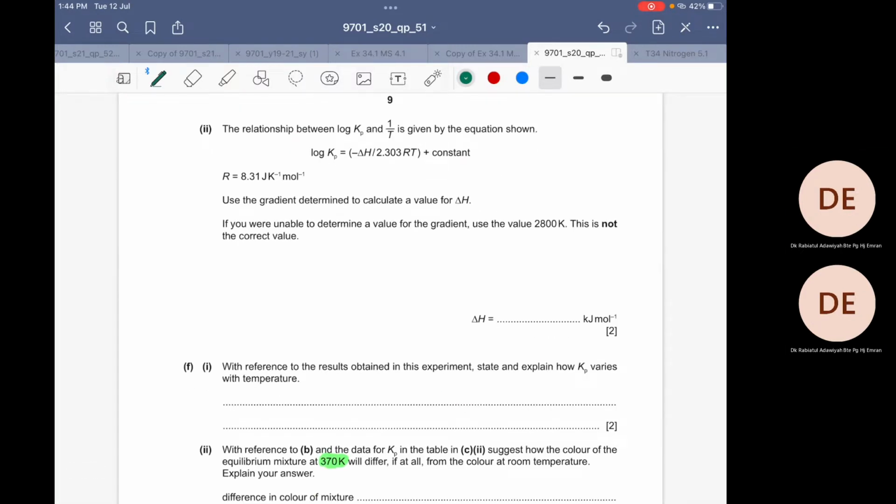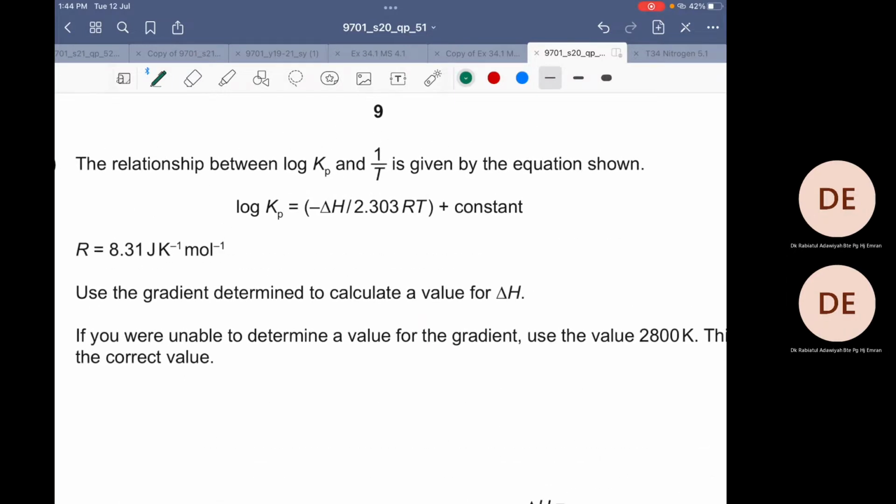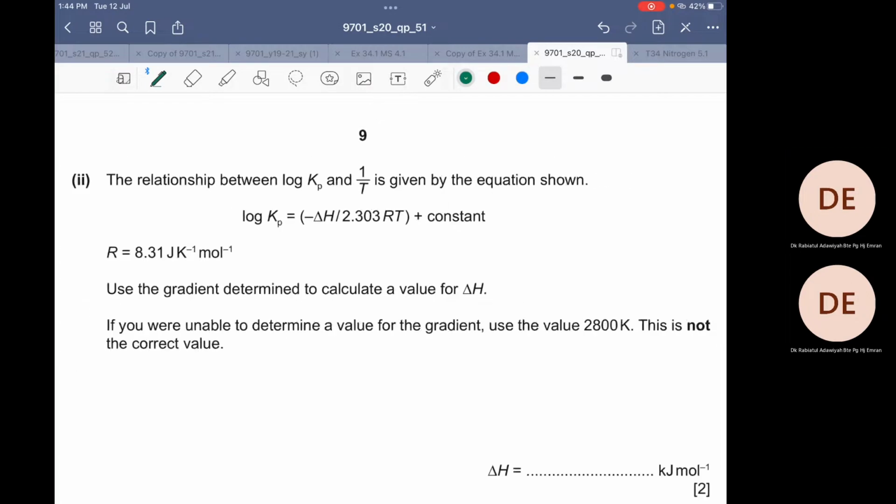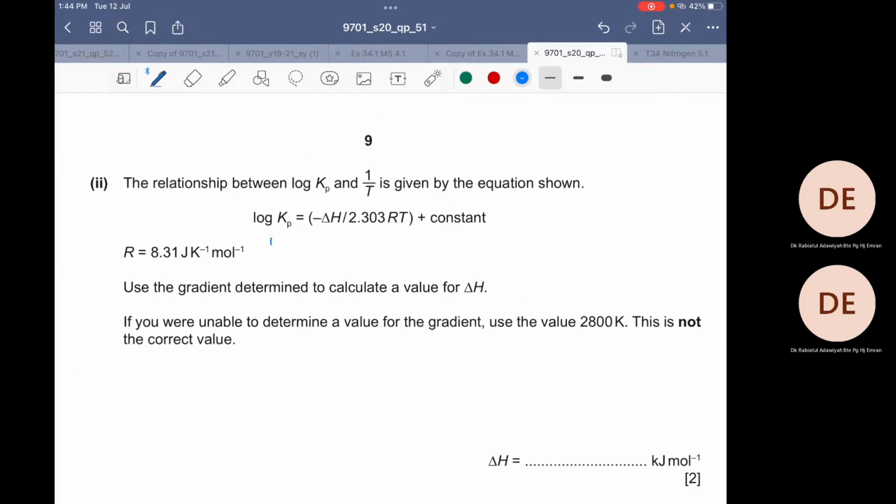Okay, use the gradient to calculate a value for delta H. So if you look at this expression, I will rewrite it: delta H over 2.303 RT.